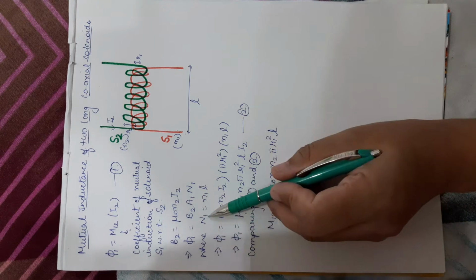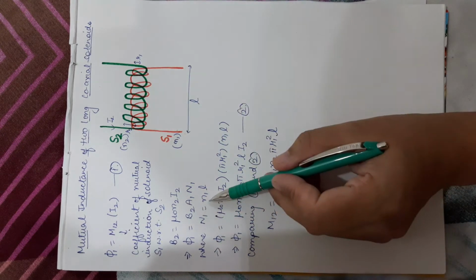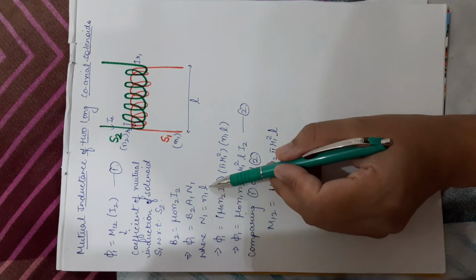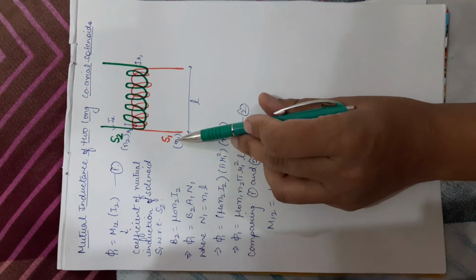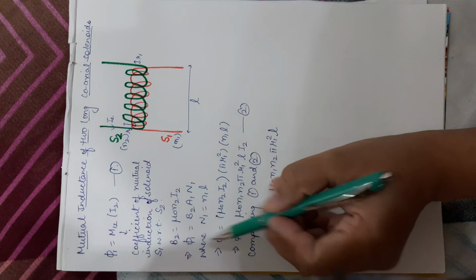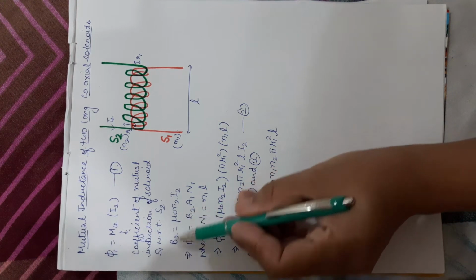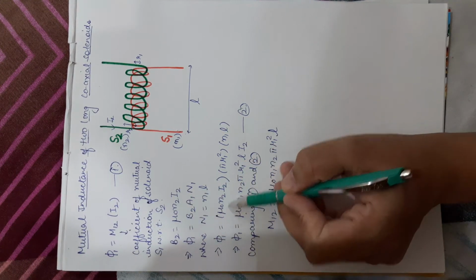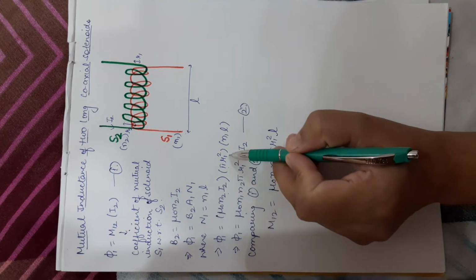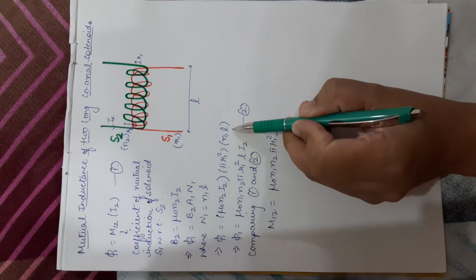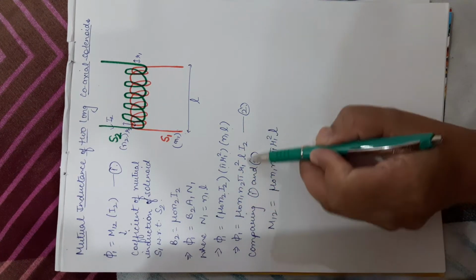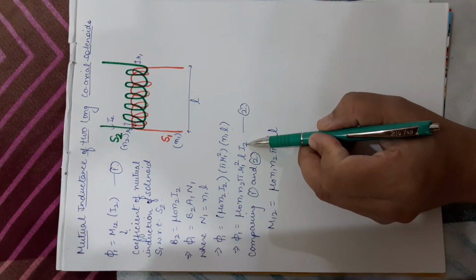Okay. So N1 is the total number of turns. It can be written as the number density multiplied by length, as I have told you that N1 is the number density of S1. So put the value of B2 from here in this equation. Area can be written as pi R1 square, and the number of turns is N1 into L. So when you multiply it, equation number 2 will be obtained.